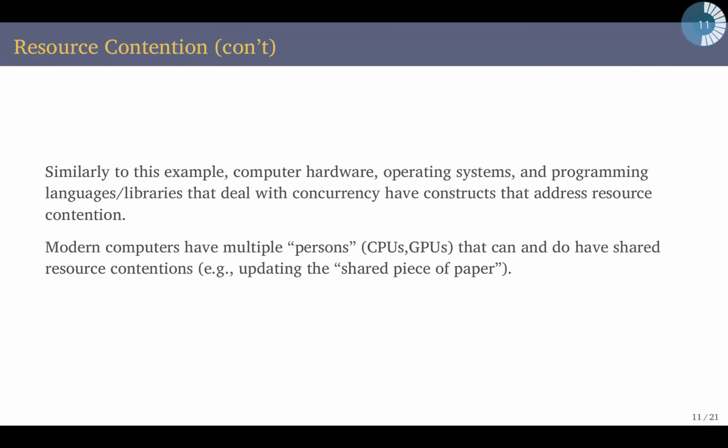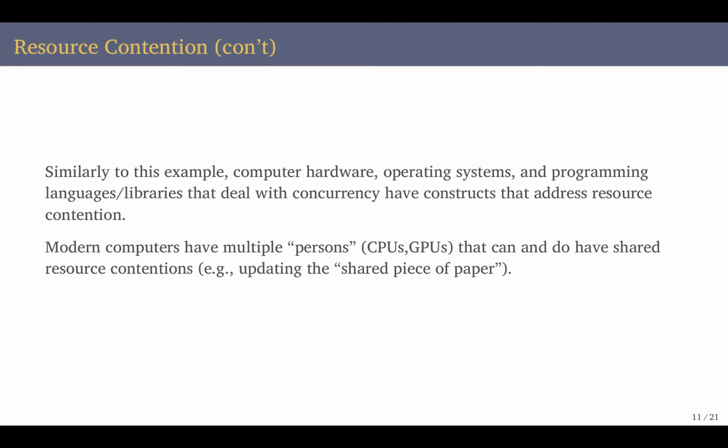Now, similarly to this example, in computer hardware, operating systems, programming languages, and all this, there's this problem. Any shared resource has the same problem. It's like that shared piece of paper, and you want to read and write a value to it. Okay? Now, you of course have multiple memory locations and multiple shared resources, so you can have multiple shared pieces of paper. That's fine.